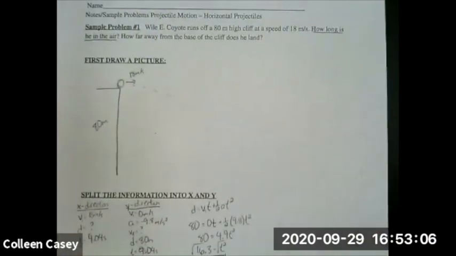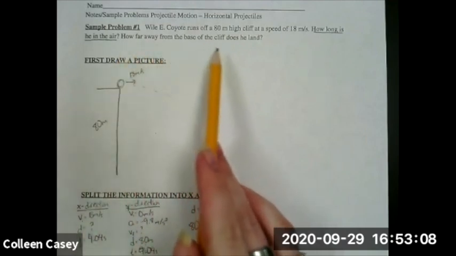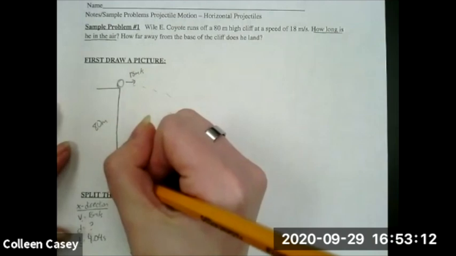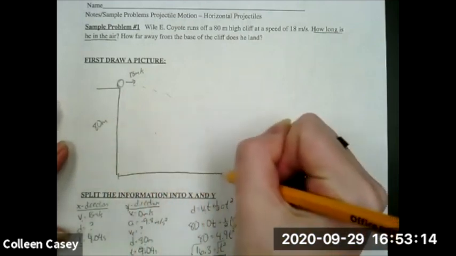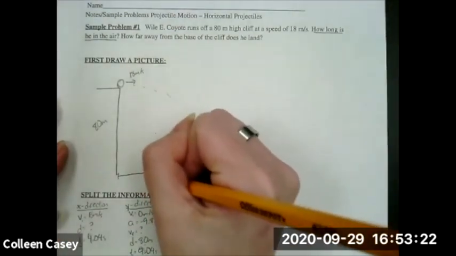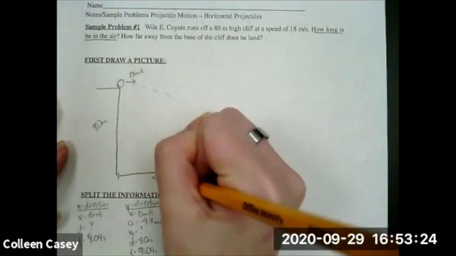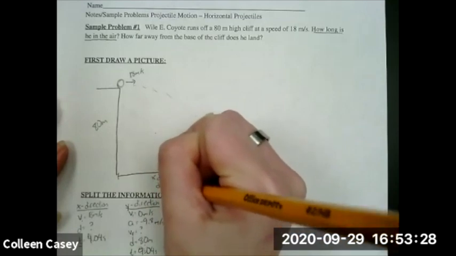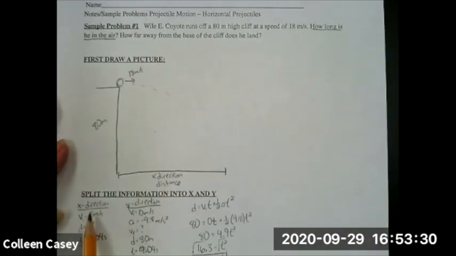Now it wants to know how far away from the base of the cliff does Wile E. Coyote land. Now I care about how far from the base of the cliff. That is this distance. That is in the x direction. This is my x direction distance, which means I'm going to use my x direction information to find it.